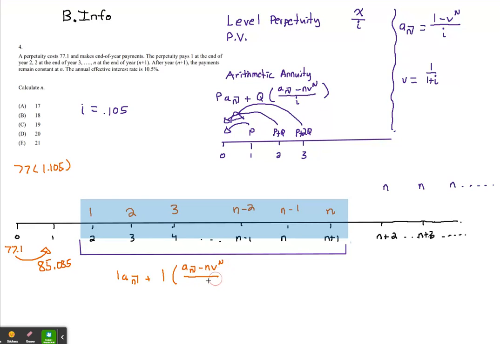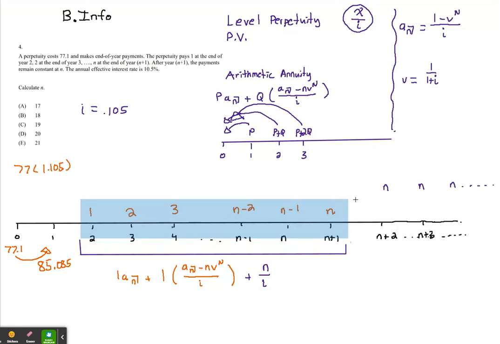I'm not substituting any variables in yet. Now what I've done is discounted all of the highlighted stuff back to here, which is good. And now I have to deal with the purple. The formula is just X over i, where X is the payment. In this case, it's n. So I'm going to say plus n over i.